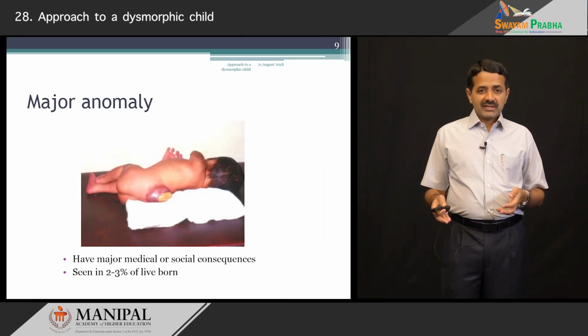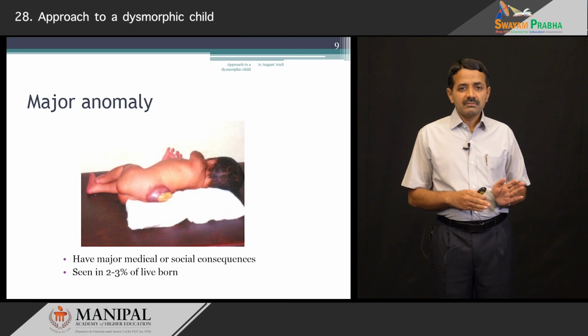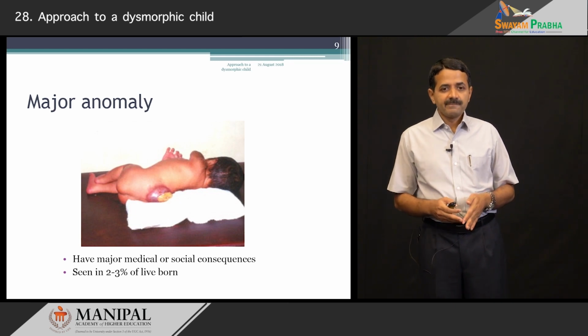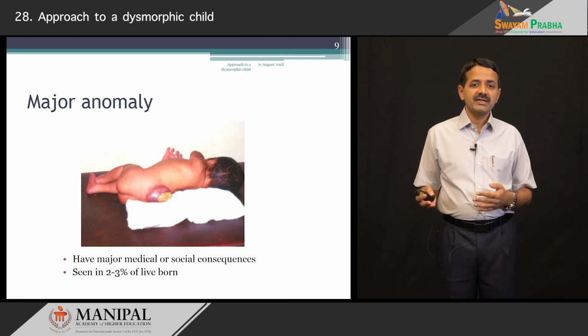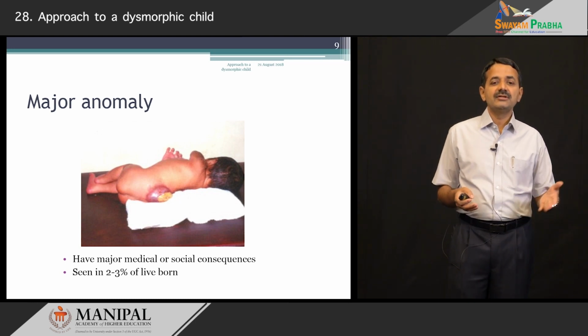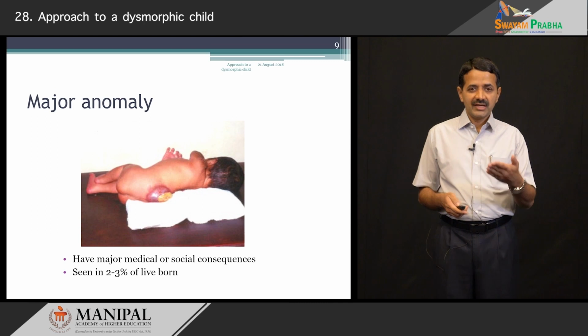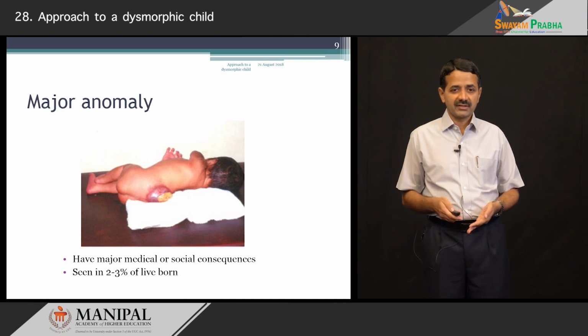What is a major anomaly? A major anomaly is a malformation or anomaly which has major medical or social consequence. It may be cosmetic or it can be functional, seen in 2 to 3% of live born children, as we see here in a neural tube defect.